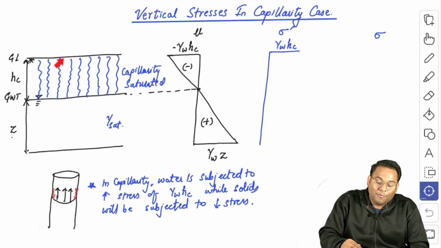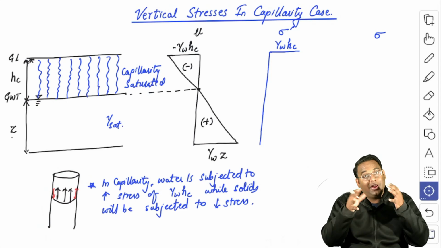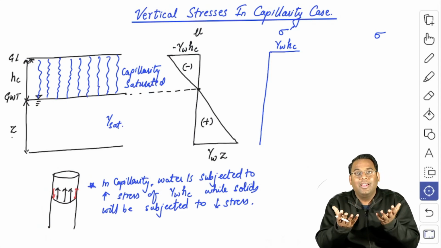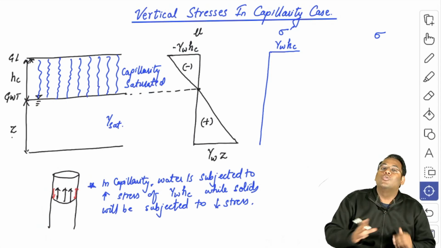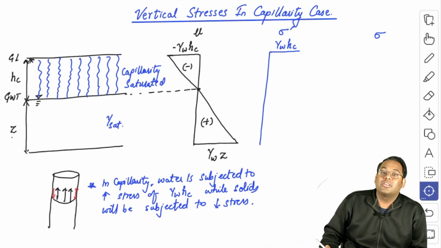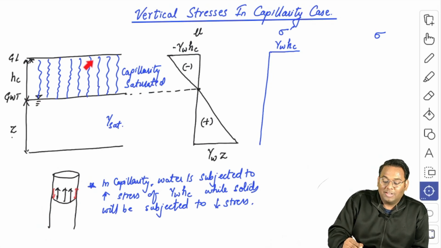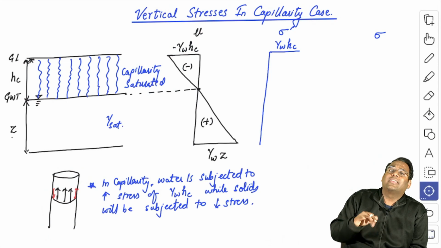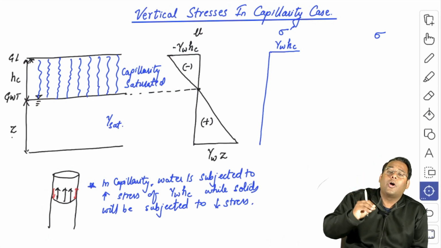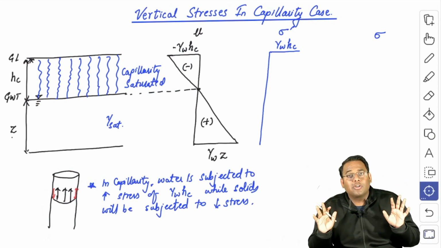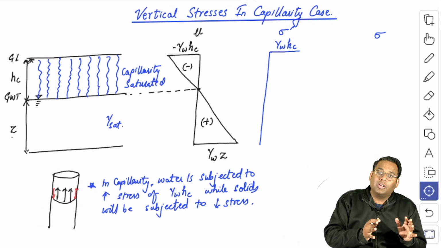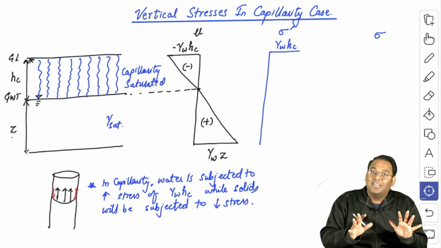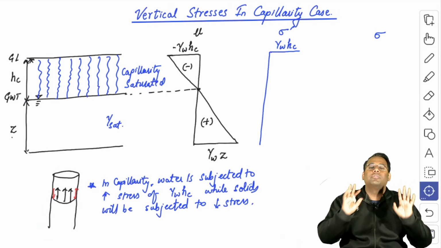So here, if water is present, then the weight of water will obviously be an absolute force. And hence if water is present here, it does not matter whether it is capillarity sucked water, flowing water, or stationary water. If water is present, then its weight should also be present.